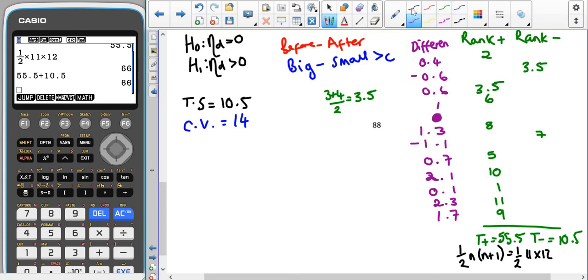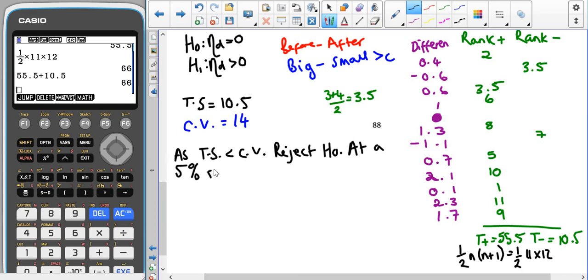So then, as my test statistic is smaller than the critical value, that means the difference between my two totals is big enough to reject H0 at a 5% significance level.